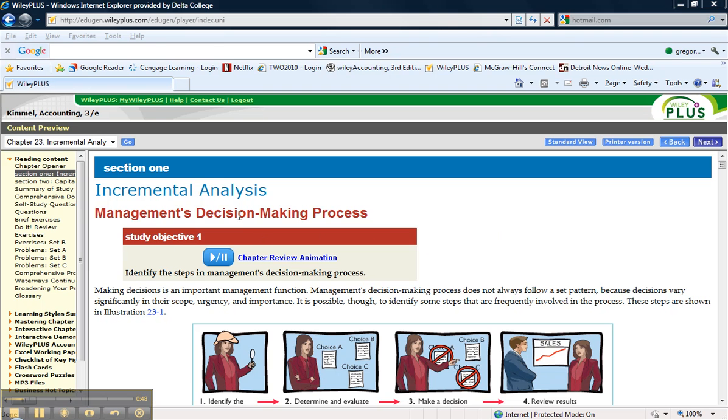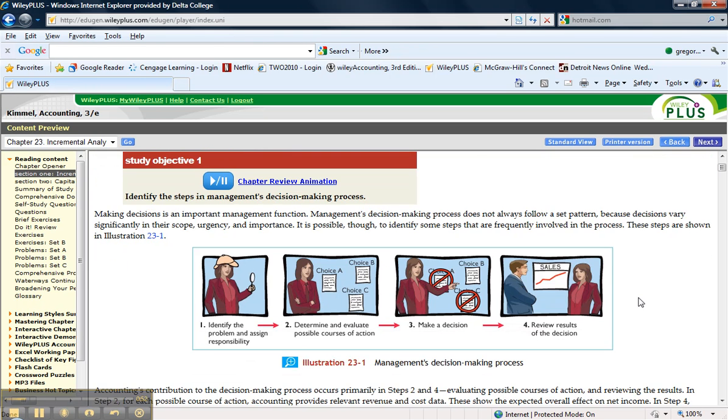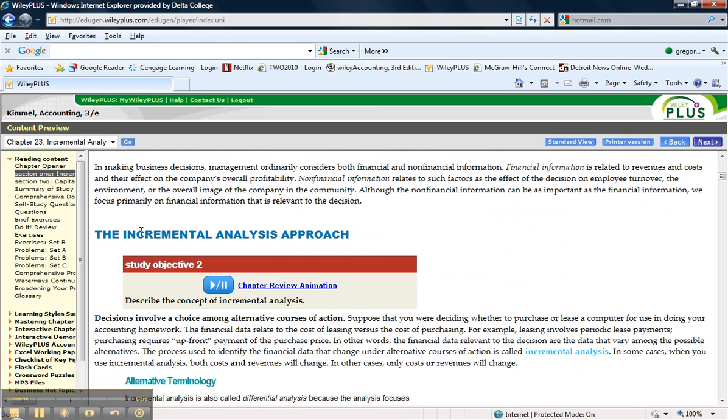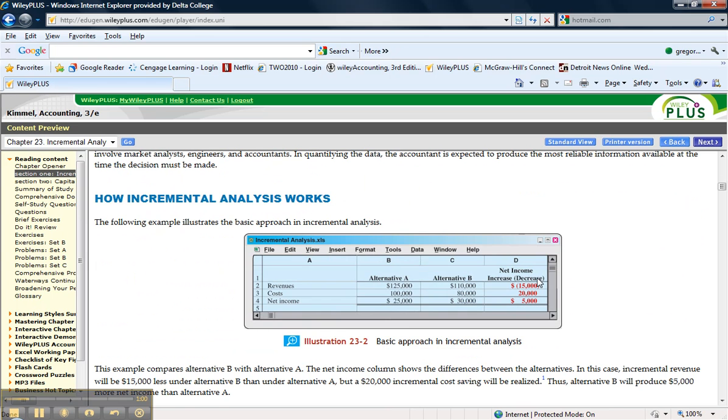So study objective 1 talks about management decision making. How do managers go about deciding between two courses of action? And this incremental analysis approach is used. You see a basic illustration of incremental analysis here where you have two alternatives, and each alternative has ramifications on revenue and costs and profit of a company.